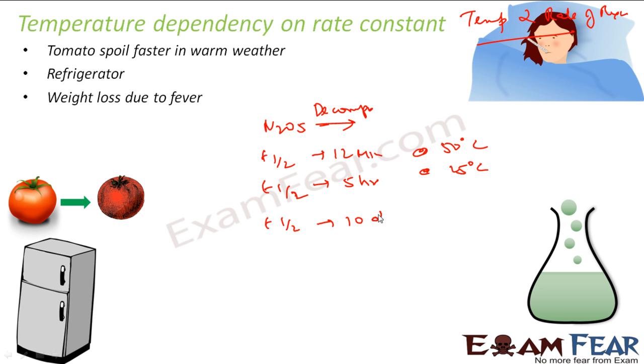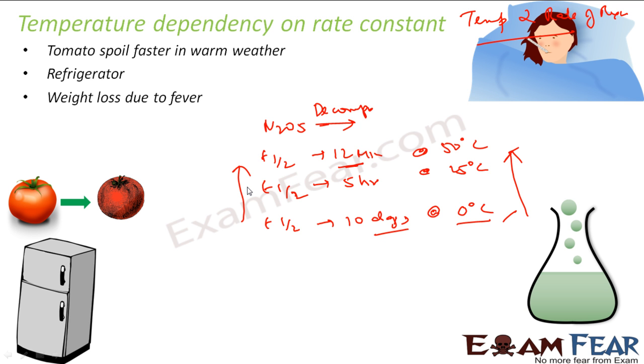You lower the temperature all the more, at 0 degrees Celsius, the T half becomes 10 days. The same reaction took 10 days for concentration to become half at 0 degrees Celsius, and only 12 minutes at 50 degrees Celsius. So the increase in temperature, increase in rate of reaction.